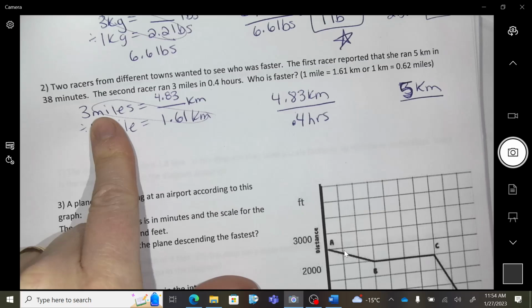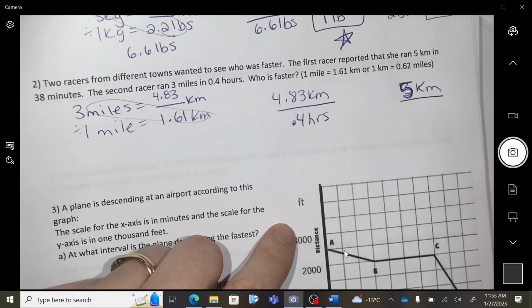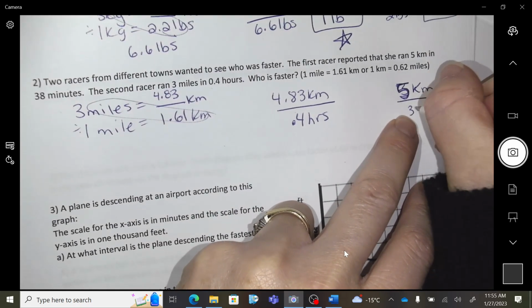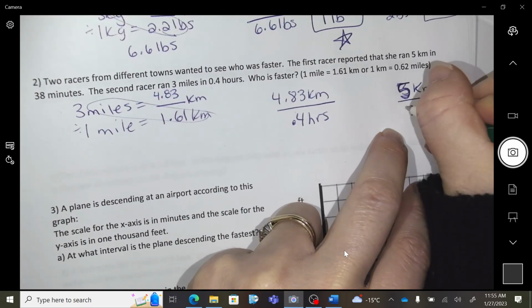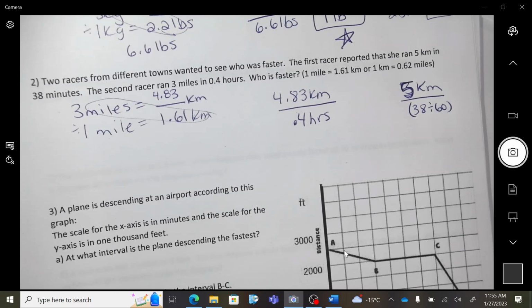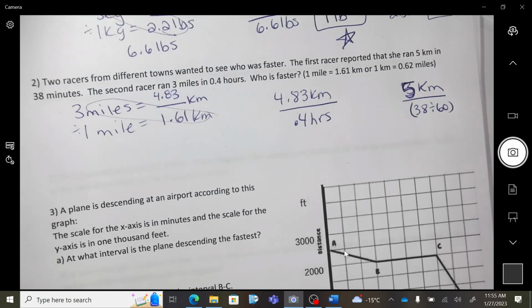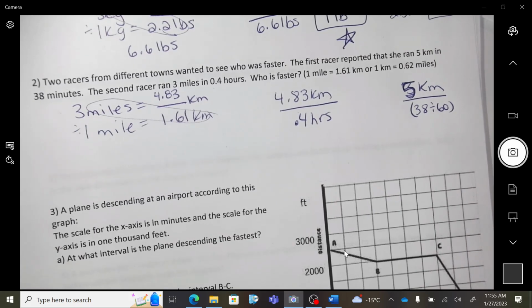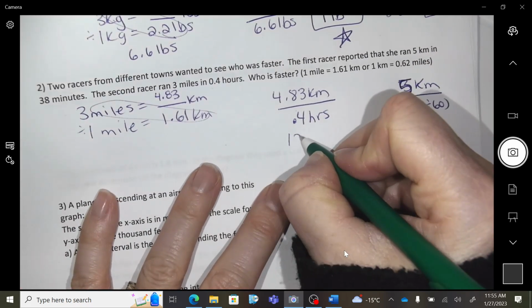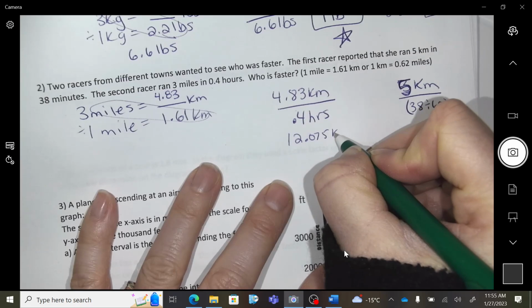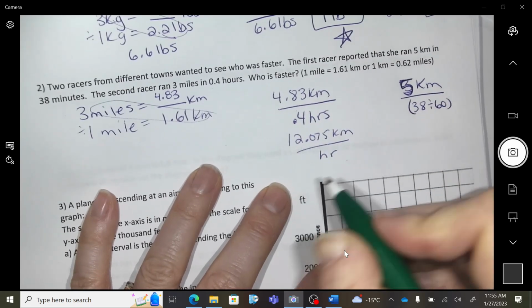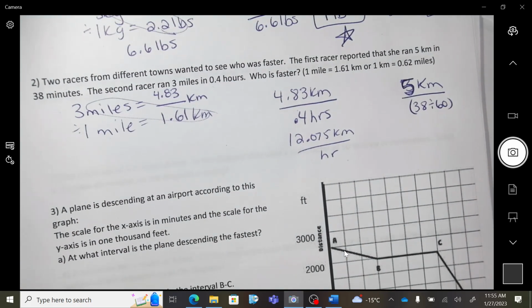How do you turn minutes into hours? Divide by 60. And I'm going to just do that all at once with no rounding. With brackets though, right?